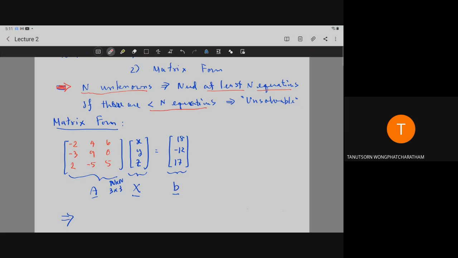So if I start by looking at this type of matrix form, I can put all three equations above in this matrix form.